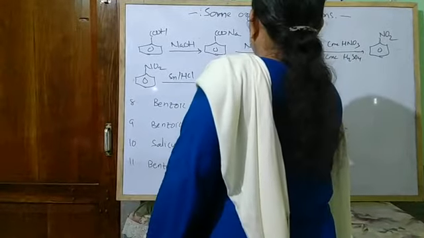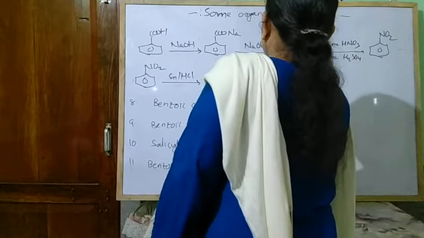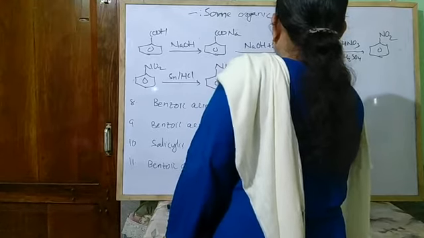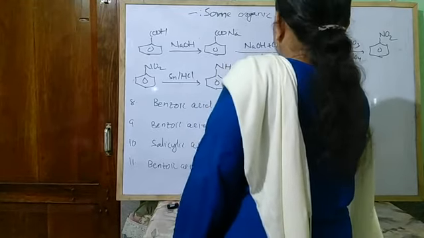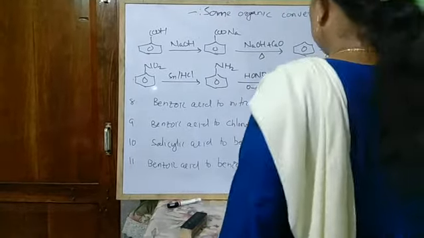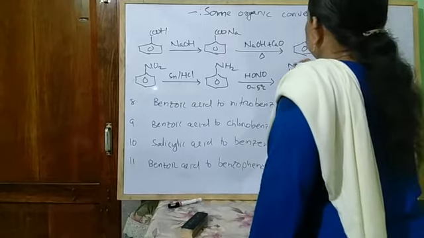Aniline when treated with nitrous acid at 0 to 5 degrees Celsius, it forms benzene diazonium chloride, BDC.